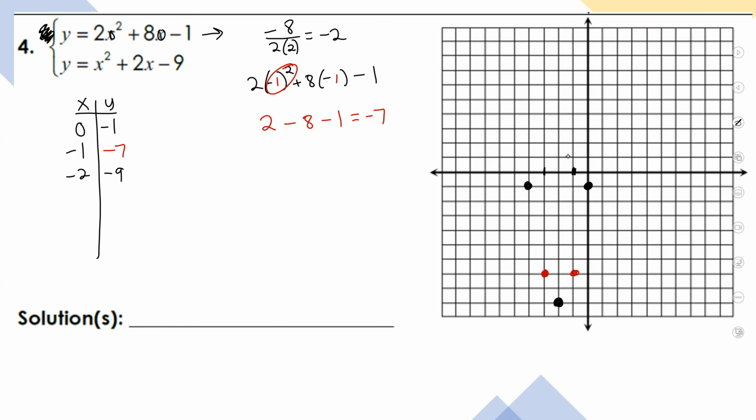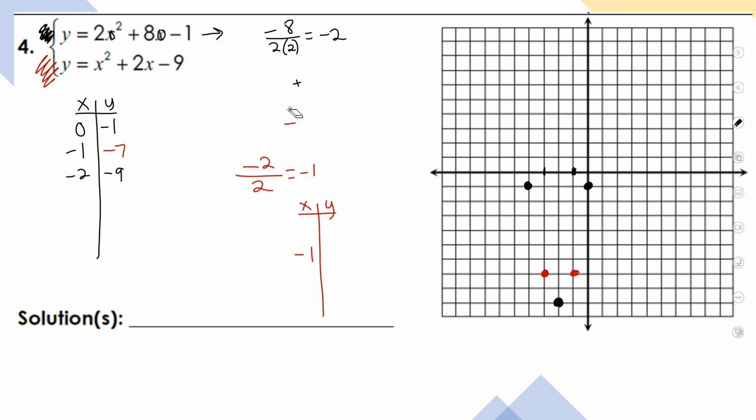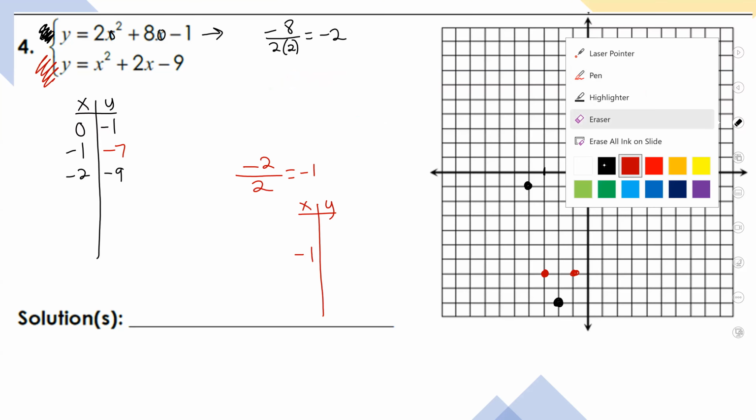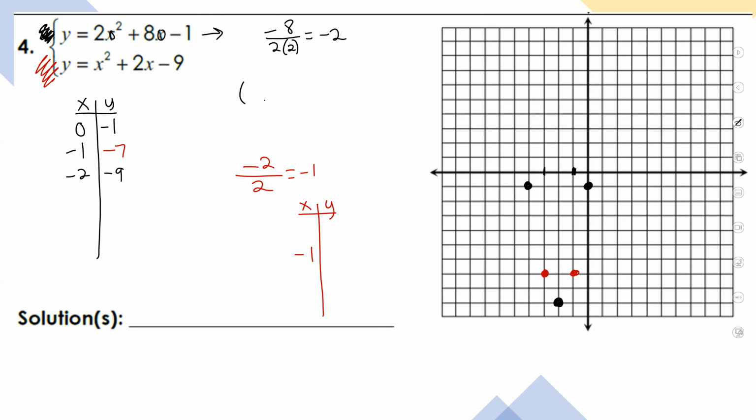All right, so that is one of my equations. Now I'm going to use red to do the other one. So we're going to do negative b, so negative 2 over 2a. So this would just be negative 1. So for the y value of my vertex, we have to plug it in. So I'll write our new equation. We're using the second equation now. So this is x squared plus 2 times x minus 9.